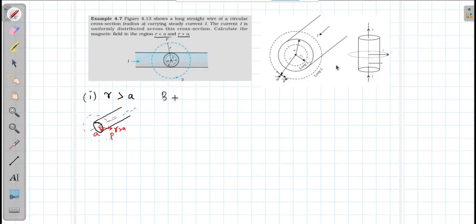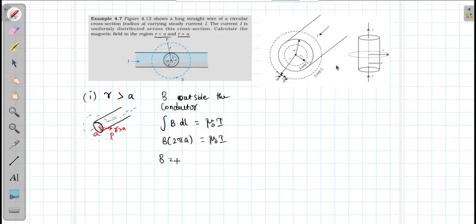Therefore, the magnetic field outside the conductor is given by integral B dl equal to mu naught I. Therefore, B into 2 pi r equals mu naught I. The answer is B equals mu naught I divided by 2 pi r.